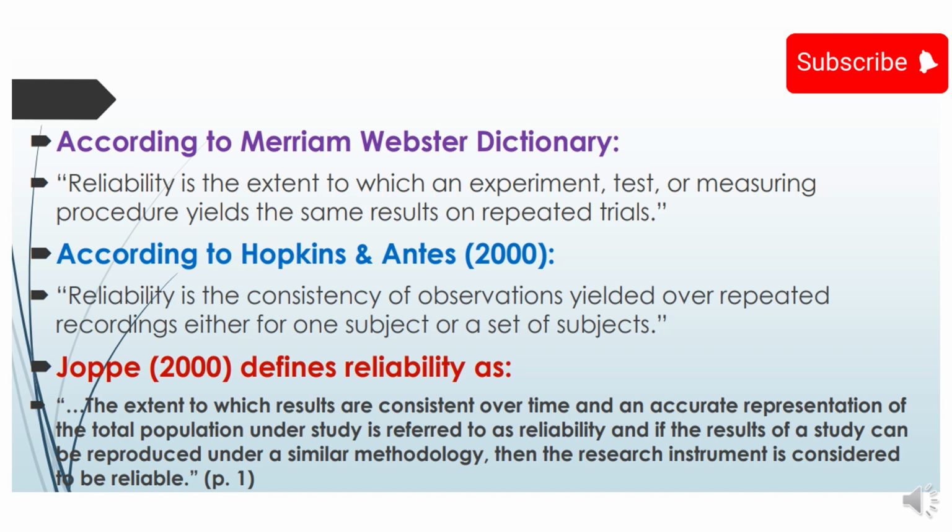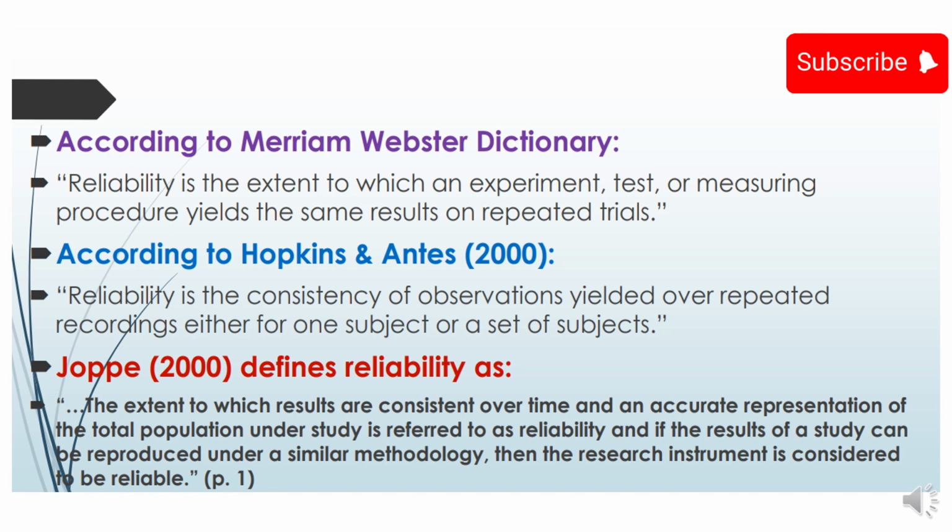According to the dictionary, reliability is the extent to which an experiment, test, or measuring procedure yields the same result on repeated trials. According to the author, reliability is the consistency of observation yielded over repeated recording, either for one subject or a set of subjects.